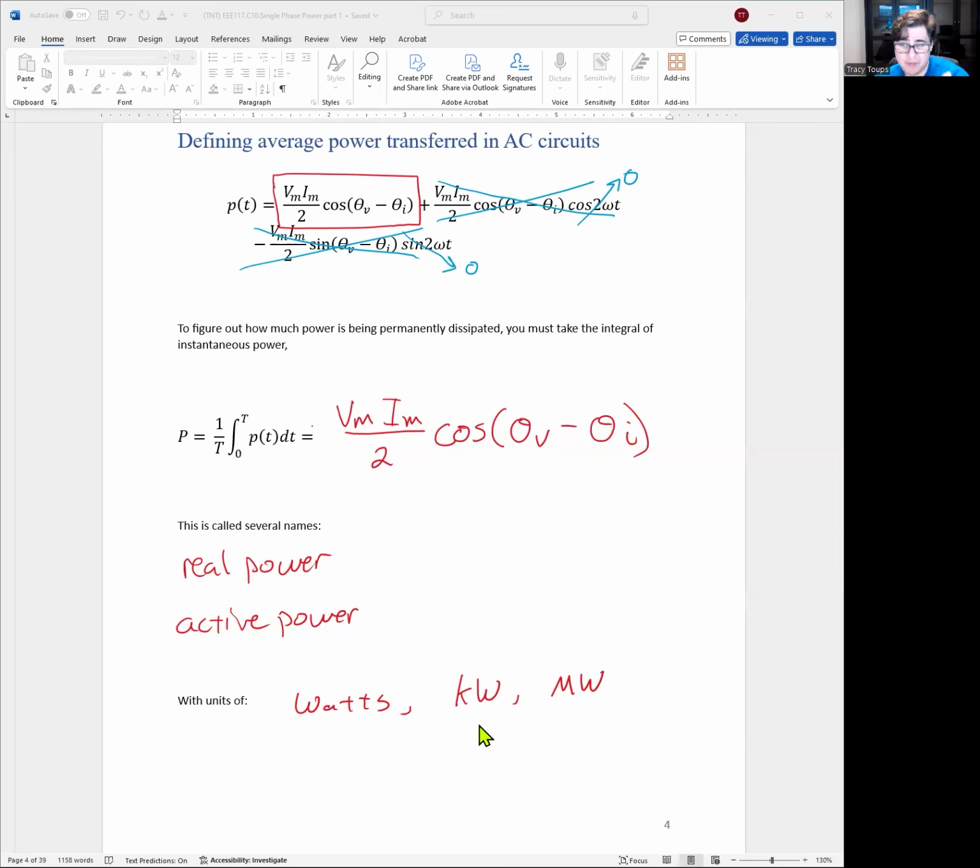So one house maybe has 1, 2, or 3 kilowatts, depending how big it is. An individual watt is for a single device, like your cell phone might take 5 watts to charge. A megawatt is for an entire subdivision. So 100 homes or 500 homes might take a megawatt to power. So it just depends what type of equipment and how big a scale you're talking about. We'll use watts, kilowatts, or megawatts.